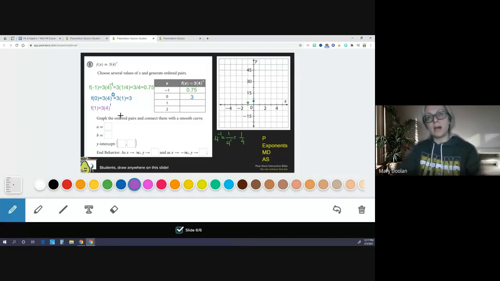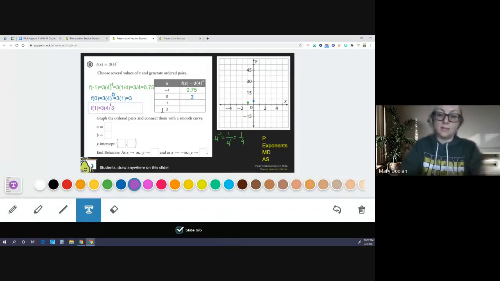So 4 to the first power is 4. 3 times 4 is 12. So that's our next ordered pair. We have when x is 1, f of x or y is 12.